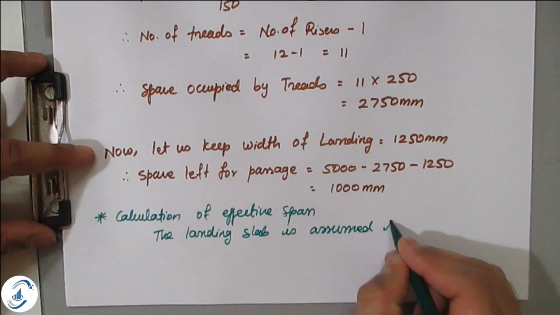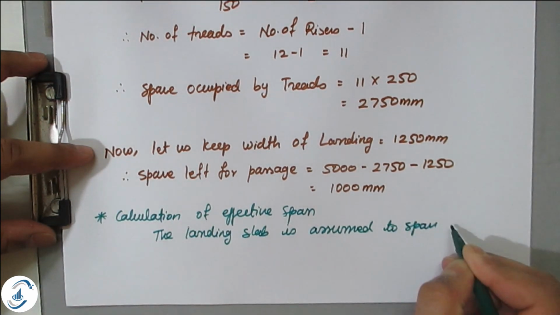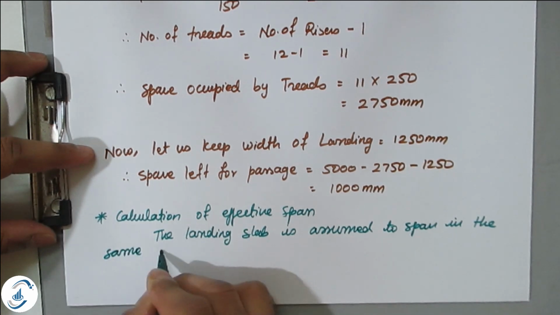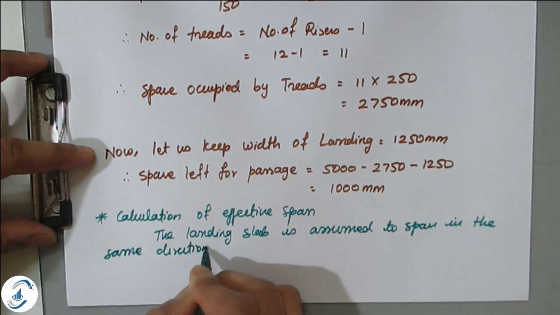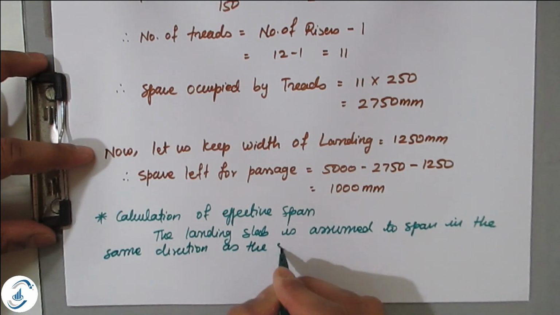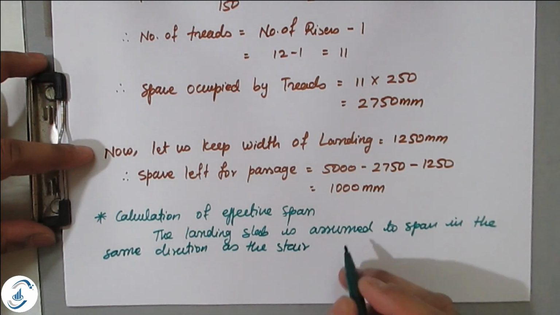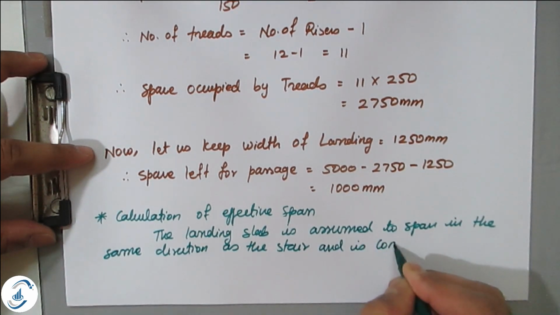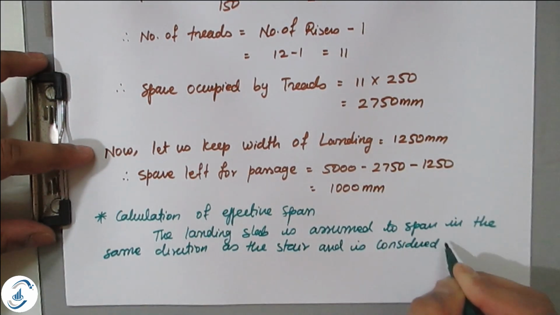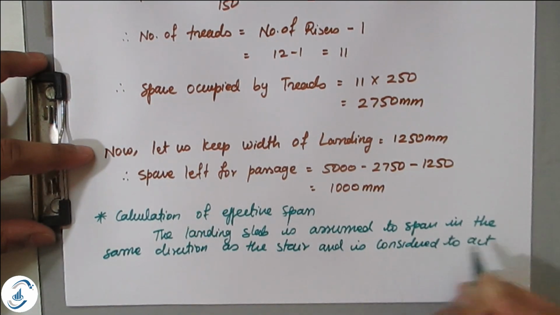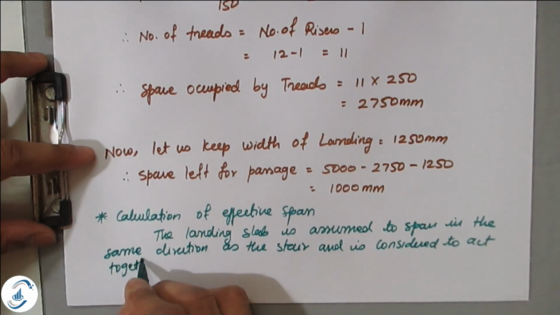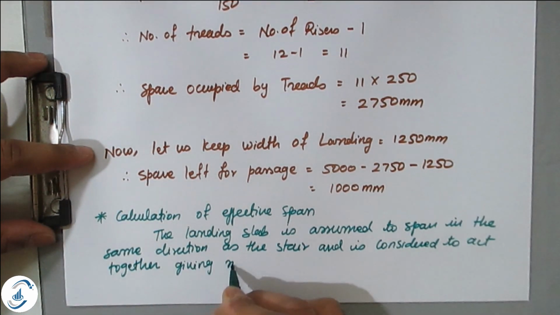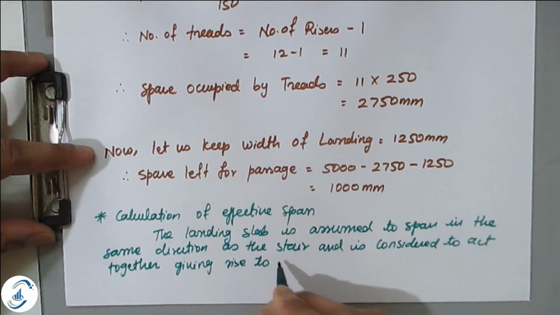The landing slab is assumed to span in the same direction as the stair, as the stair means the flight, and is considered to act together, giving rise to a single slab.